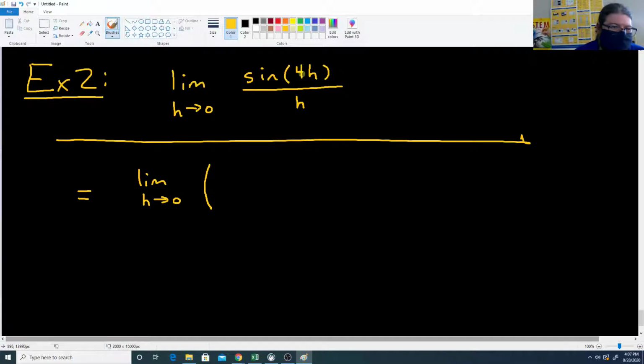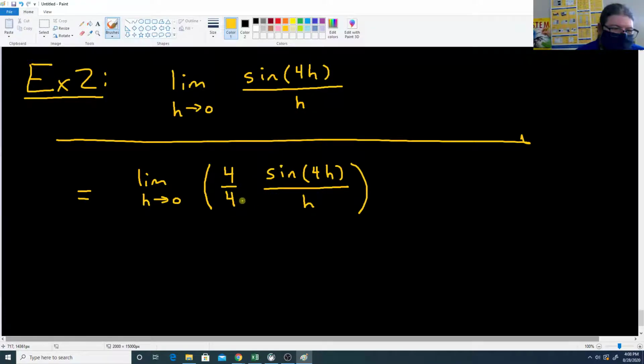We're going to need extra 4's in here, so I'm going to put a 4 over 4 out front. 4 divided by 4 is 1. If I multiply what I currently have by 1, that doesn't do anything. That leaves the value the same, like sine of 4h over h times 1 is still sine of 4h over h.